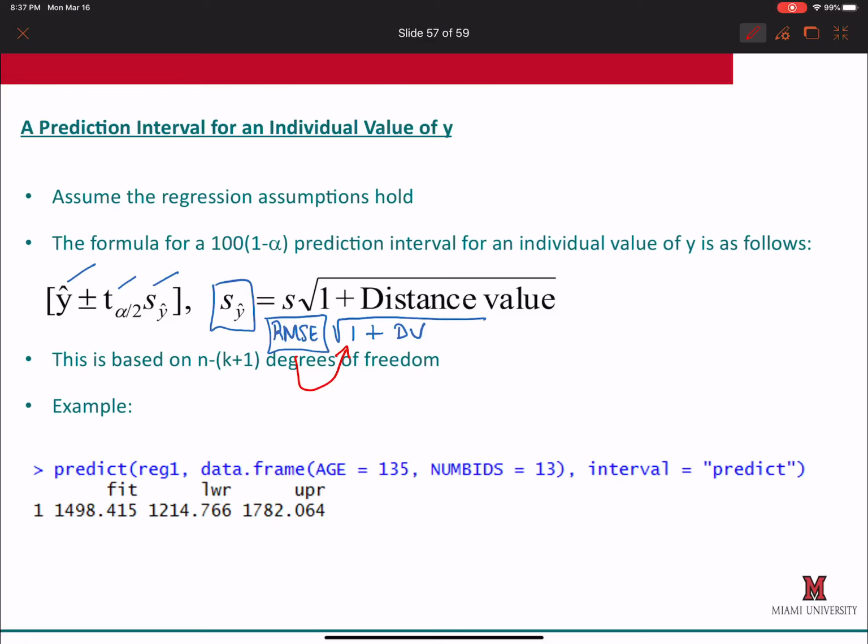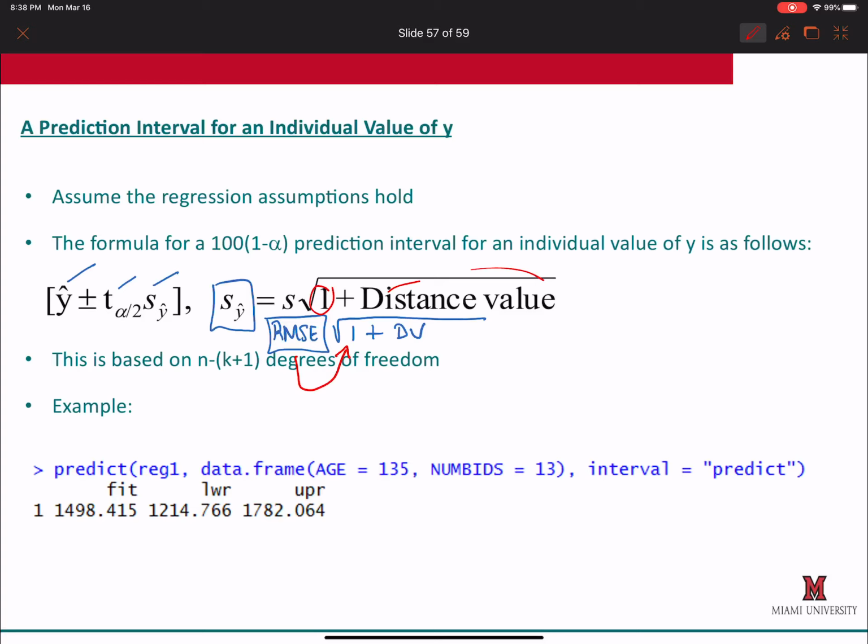This makes the amount of error even larger because we are accounting for an individual and not the average. That's the reason why this is larger, because we are multiplying RMSE by 1 and then RMSE by the distance value, so it's two things added together: an additional RMSE for the individual and an RMSE for the average.